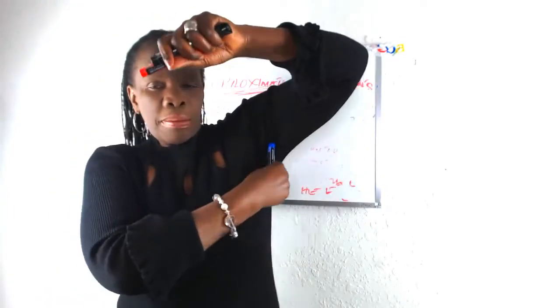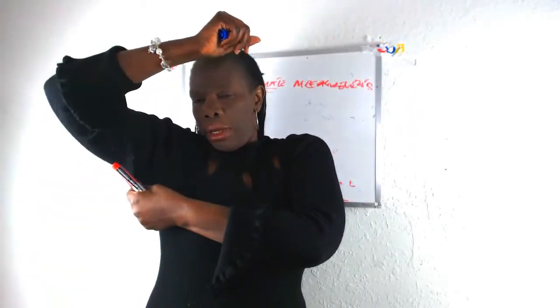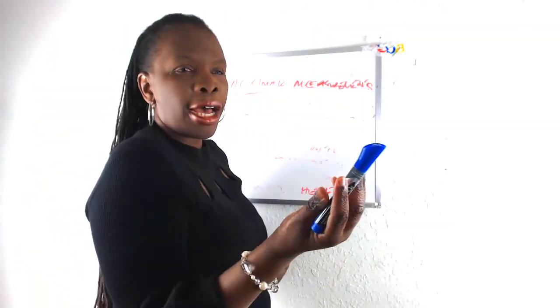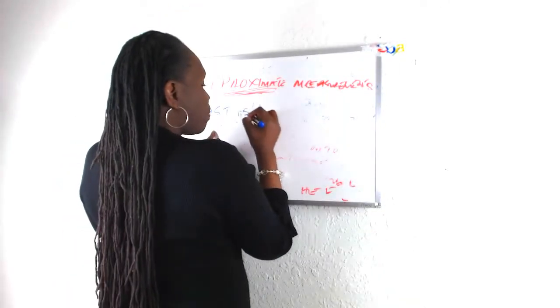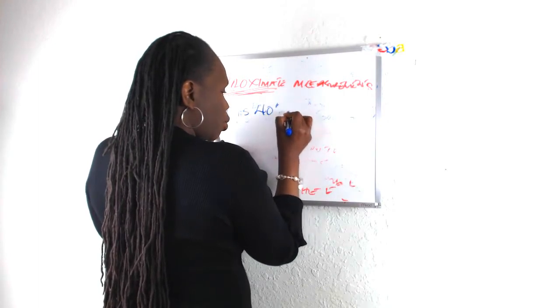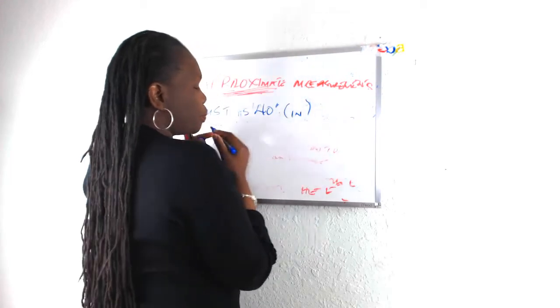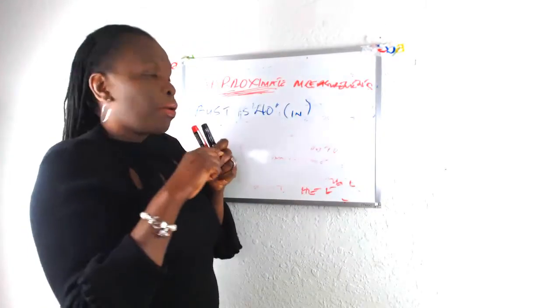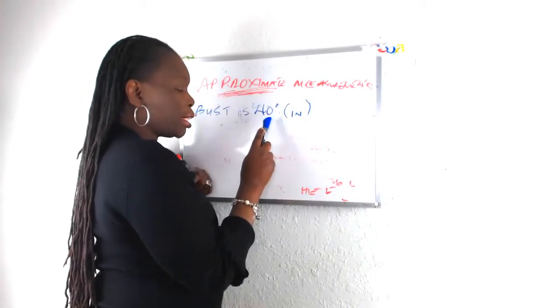So if from the intersection here it is, say, 20 inches, our bust is 40 inches. You can put it like this, or you can write the inches in full. Now, what's been happening is, I've written my bust 40 inches.